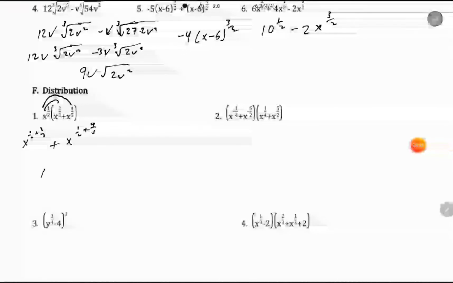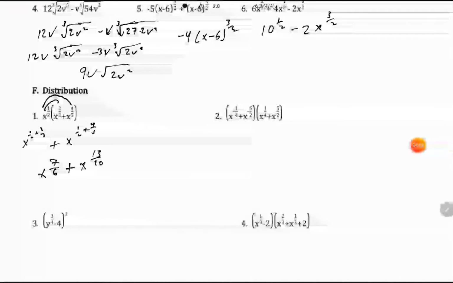So this is x to the 7/6 plus x to the 13/10. Two and 5 is 10. 2 and 3 is 6. Okay.